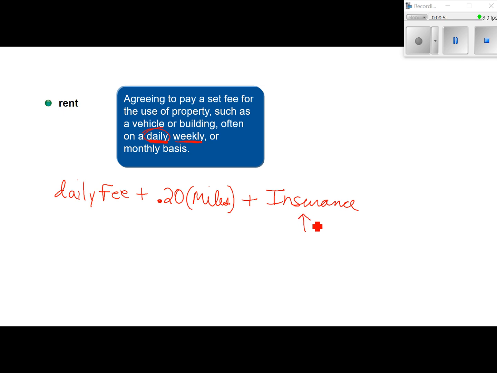Some rental places may make you pay for the insurance. Sometimes they call it a CDW, which just stands for collision damage waiver. It's just like insurance, so they may make you pay that, and they may not.